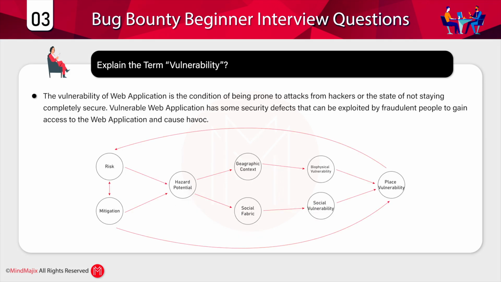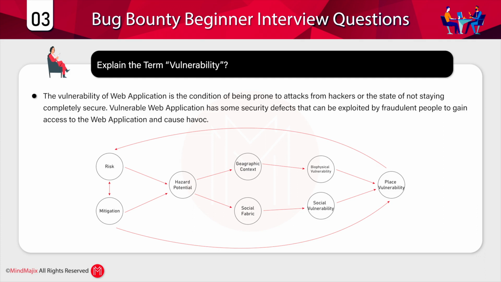Next is the third one. What is a vulnerability? The term refers to a weakness of a web application. It's nothing but what attackers or hackers will look for. Another name for vulnerability is a loophole.